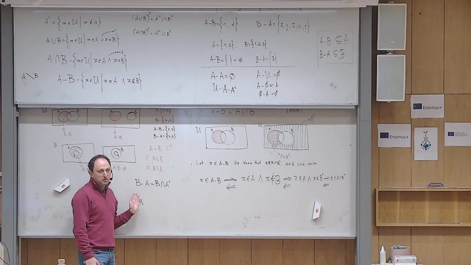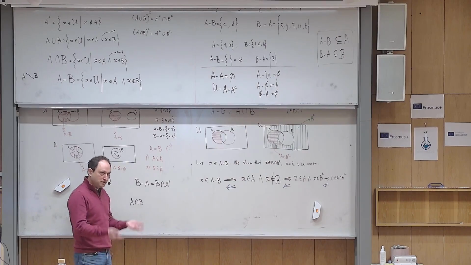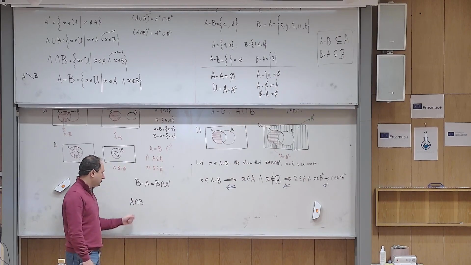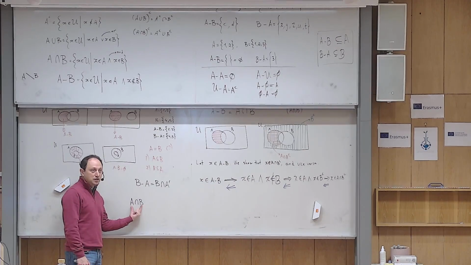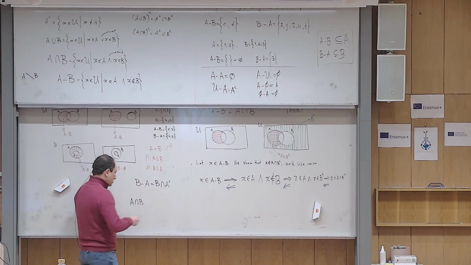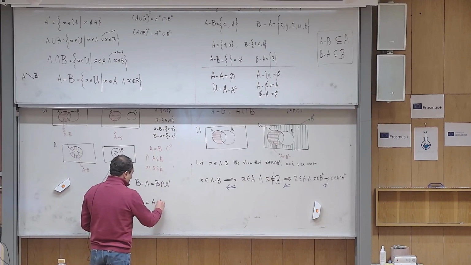But the other way around is not useful, usually, unless you insist to do something in the problem. But just for mathematical curiosity, can you write this intersection in the form of subtraction? Yes. So you are saying that it is A minus B complement.